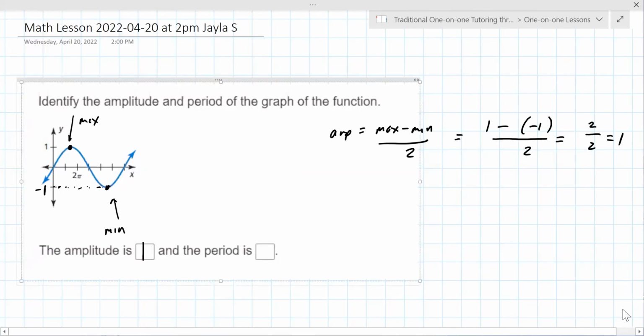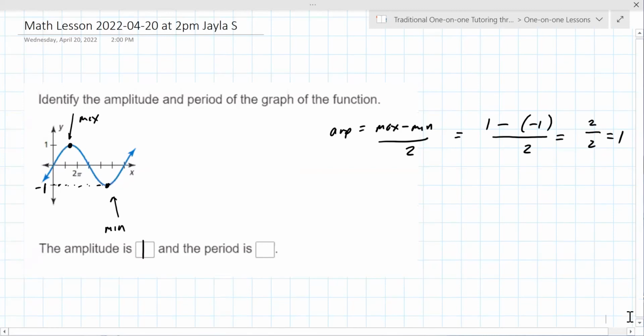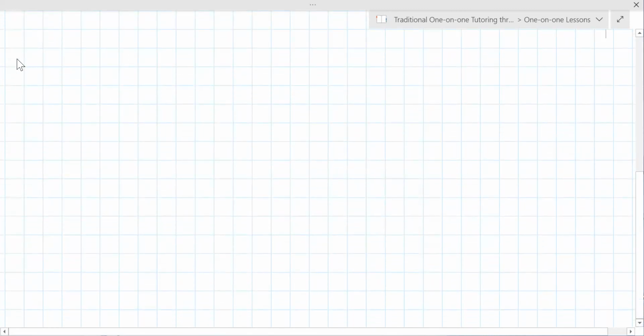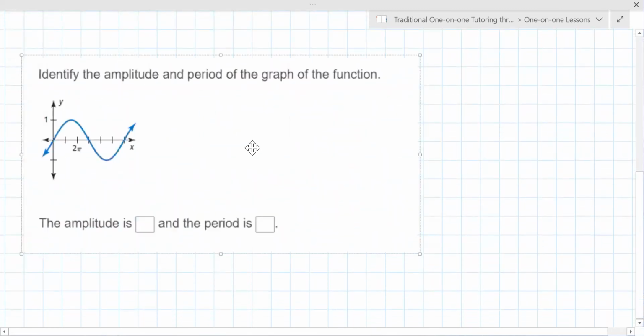Now for the period, I'm going to grab this picture again and start the process over with a clean image. I mentioned it's peak to peak. The problem here is we don't have 2 peaks. We just have a peak, a max, and a min. So we can also do same to same.